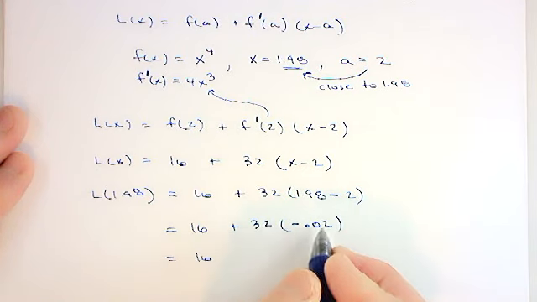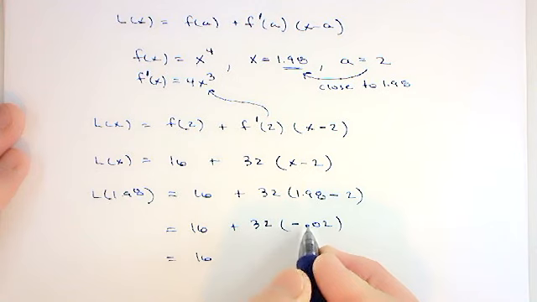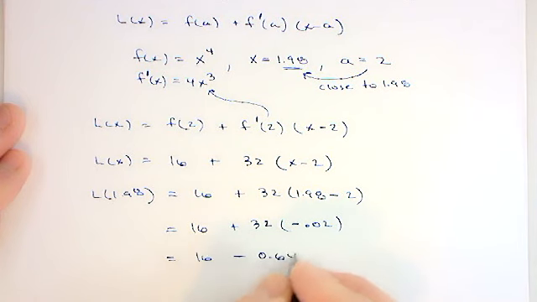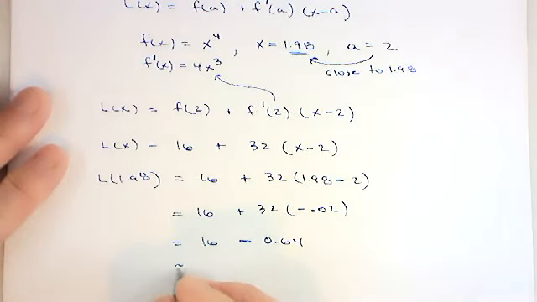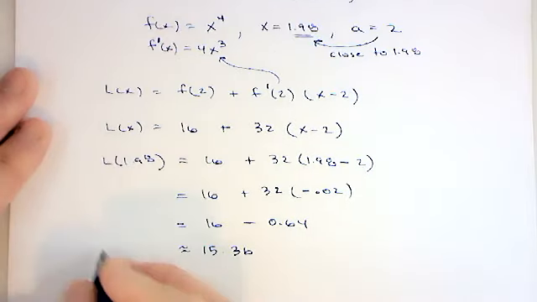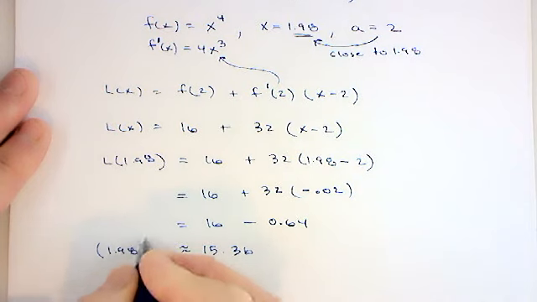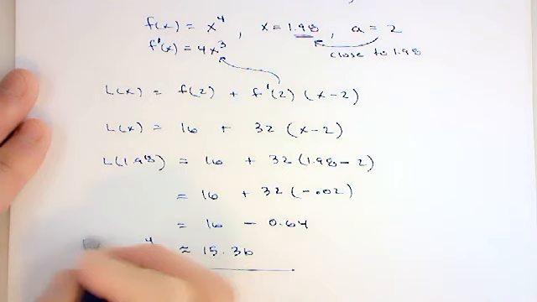So if it was 32 times 0.2, it would be 6.4. And if it's 32 times 0.02, it's going to be 0.64. And it'll be minus 0.64. And I get an approximation of about 15.36. So I could just go ahead and say that 1.98 to the fourth is approximately 15.36.